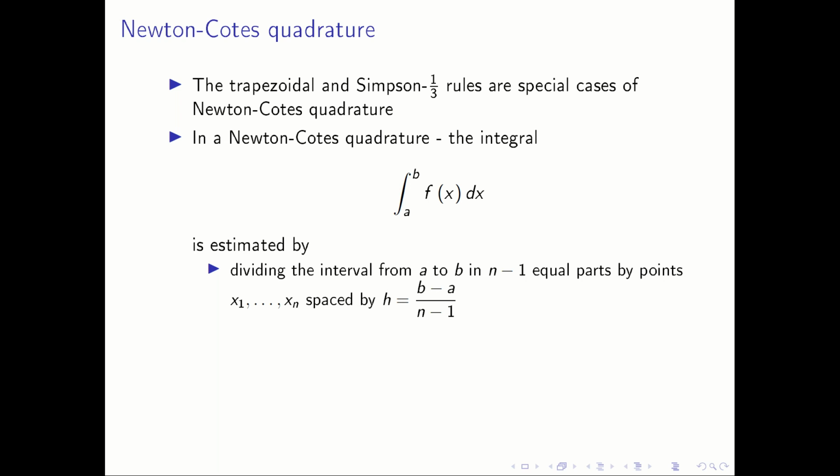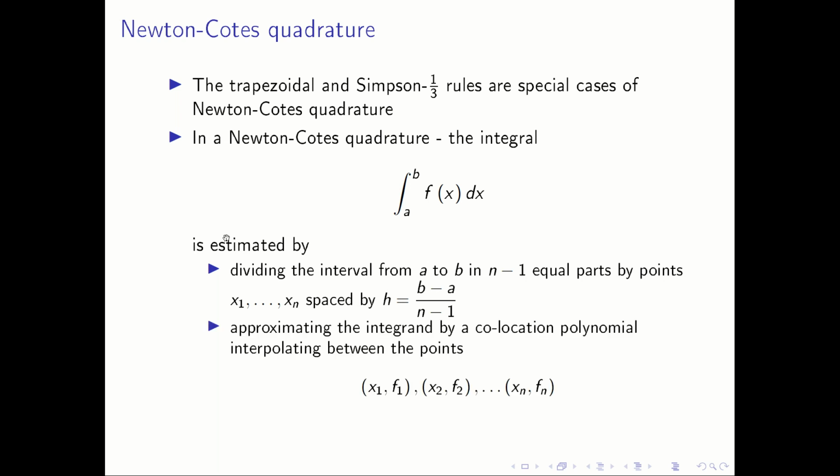You do this first, then you approximate the integrand, this function f(x), by a collocation polynomial. We talked about collocation polynomials when we were dealing with interpolation. The basic idea is that this is a polynomial which will go through the points (x1, f1), where f1 is of course short for f(x1), (x2, f2), and so on up to (xn, fn).